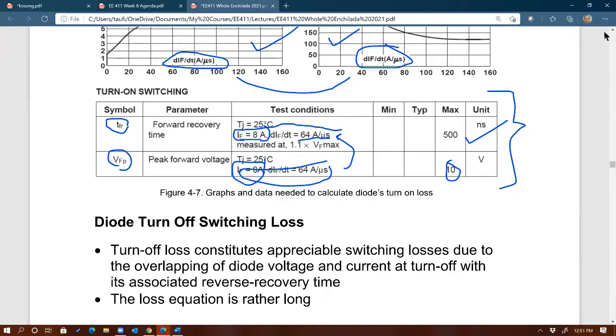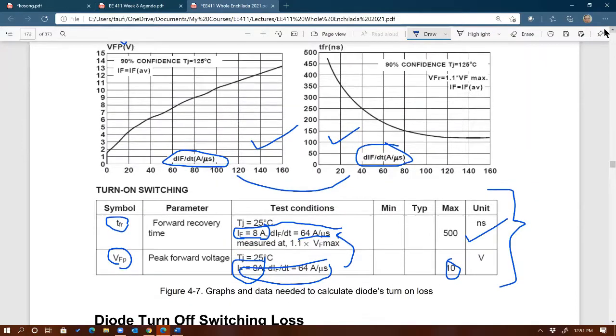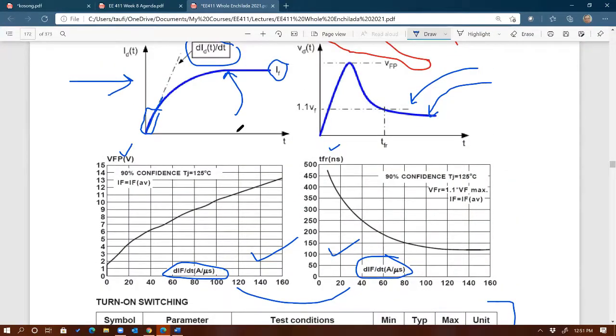But again, if you're just going to do a rough estimation, go ahead and use the one from the table. A more accurate way means more work. You have to go to the lab and capture these waveforms and then calculate or estimate that slope, and then go to these curves which are given in the manufacturer's datasheet and get VFP and TFR from these curves as a function of the slope, as you can see.